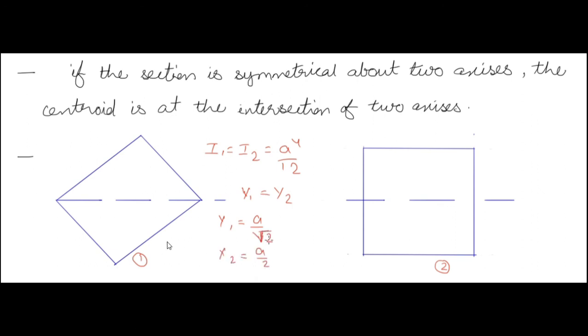A is the side of the square cross section, so A by 2 is in the middle, and A by root 2 is somewhere in between. So for the first figure it's not at the center, it's away from the neutral axis.